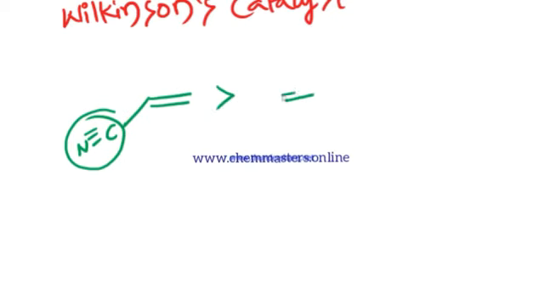Whenever alkynes and alkenes carry some polar groups like hydroxy groups, the alkyne is preferred over the alkene for hydrogenation with Wilkinson's catalyst.